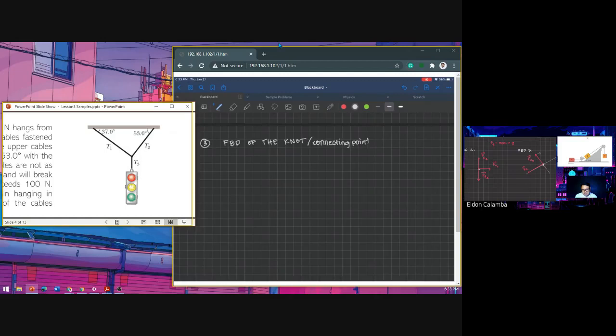So, X and Y. Ayan. You have T1, T2, and T3. I will use the notation T1, T2, and T3 para hindi lang malito sa ating illustration. Let's have this as T3.